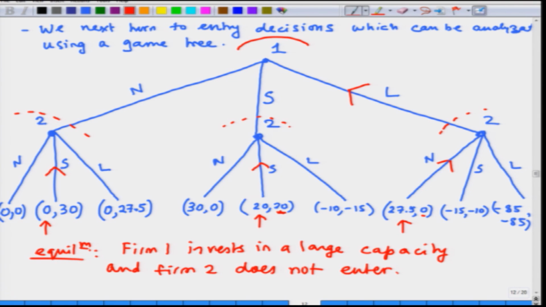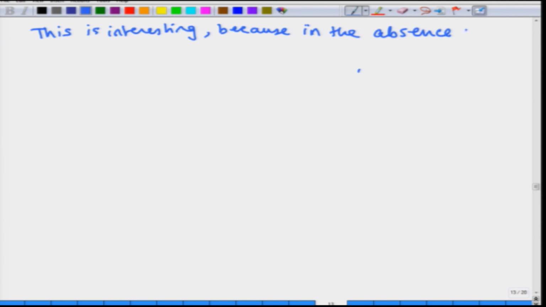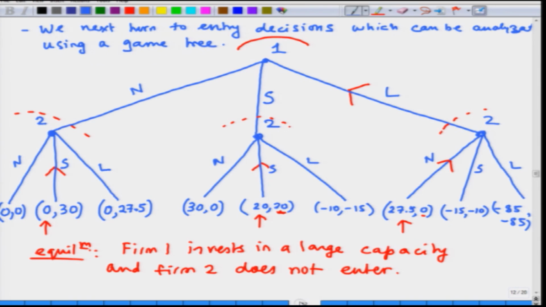So let us think about this. This outcome is interesting because in the absence of any competition, which is in the absence of firm 2, what would have happened?